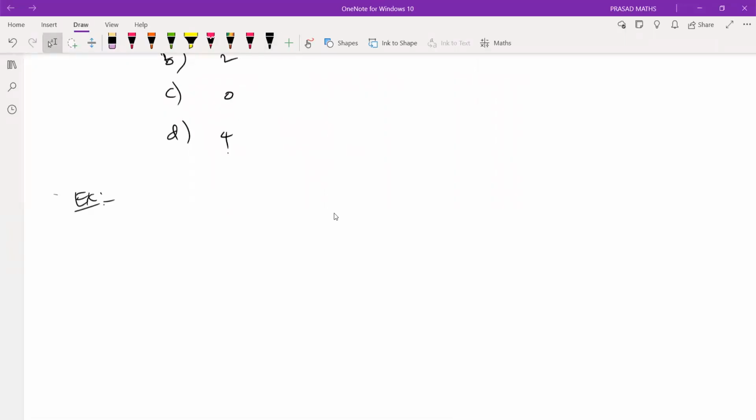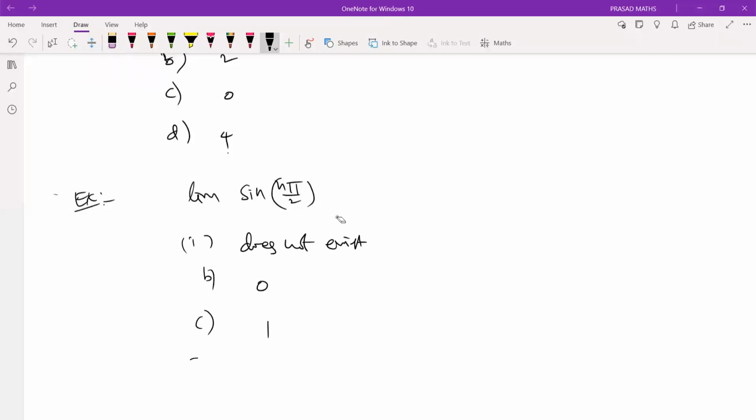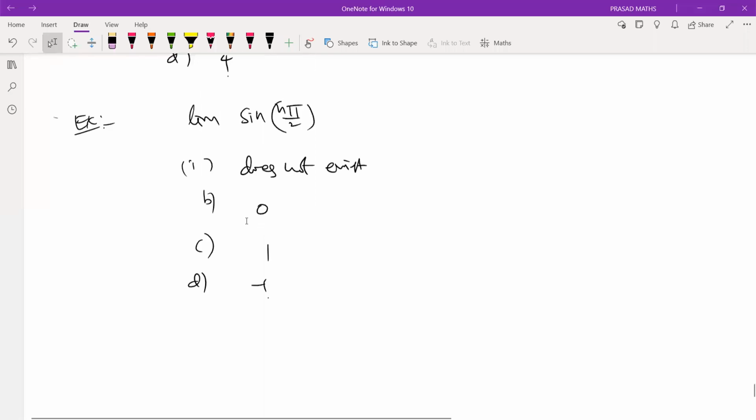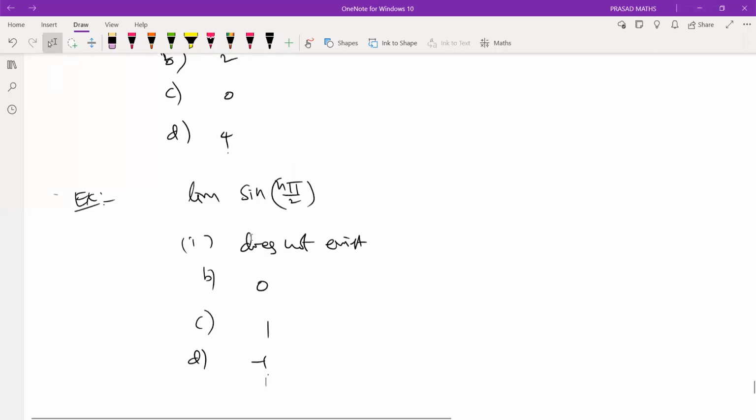Next, the limit of sine of n pi by 3, or you can take the simplest example with 2. Answer A does not exist, answer B 0, answer C 1, answer D minus 1. Okay, do this.